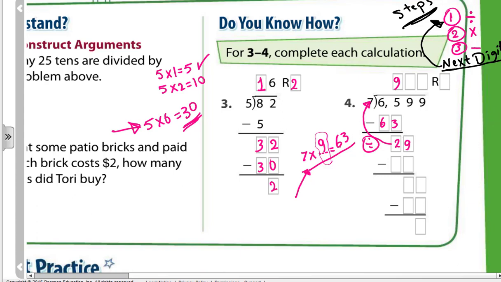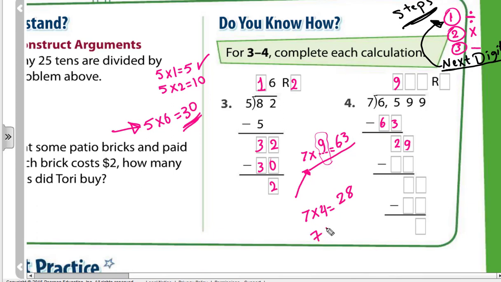29 divided by 7. Okay, estimate it and you will get near. It's 4. Okay, let's see. 7 times 4 equals 28.